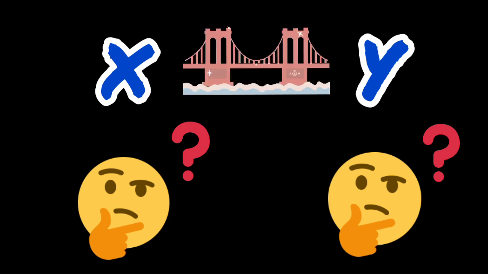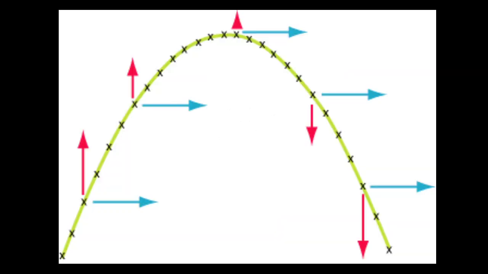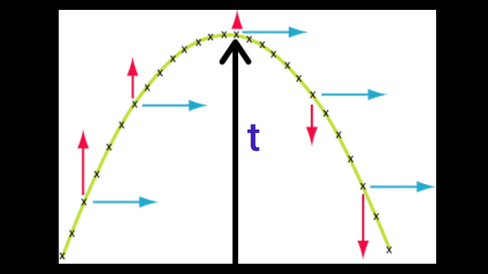Even with the independence of the two components, there is still one thing that makes them connected, and that is time. You see, the time it took for the object to reach this level is just the same time that the object uses to cover the distance here.